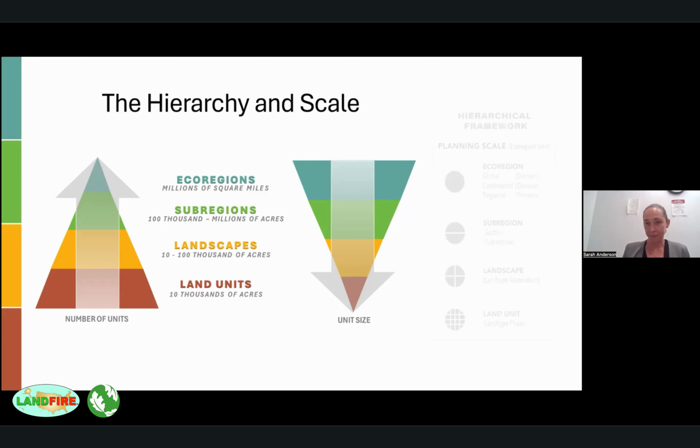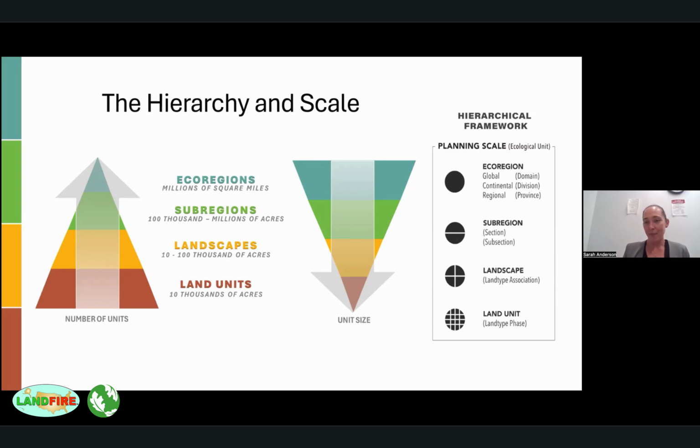And so, of course, as the size of our units gets smaller, we have more and more of them. And the way that ends up looking is the hierarchy itself has 8 different levels spread across these kind of four large planning scales. And so at that very broad ecoregion scale, we have domains and divisions, which are really up into that biome type level.